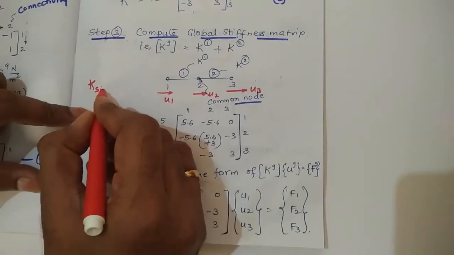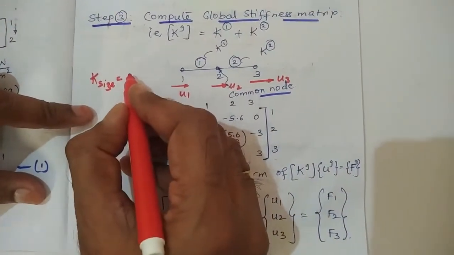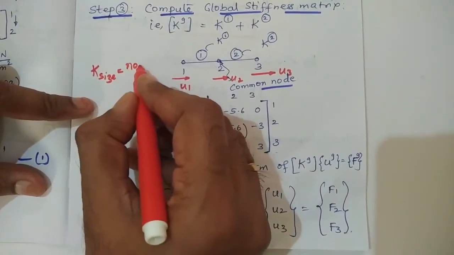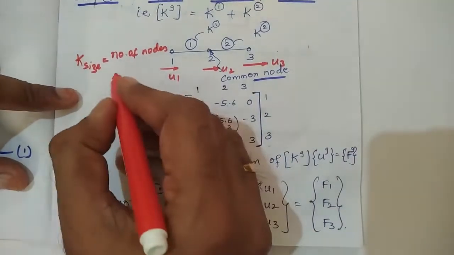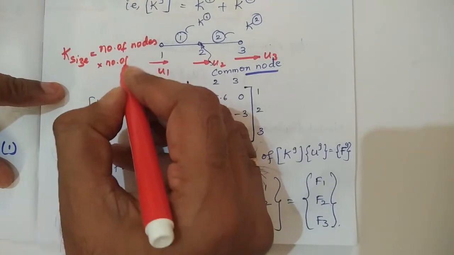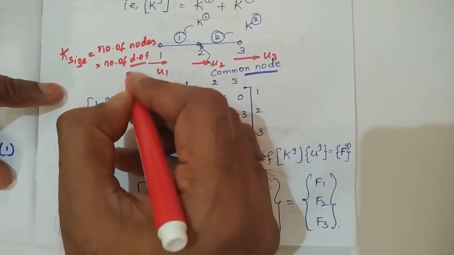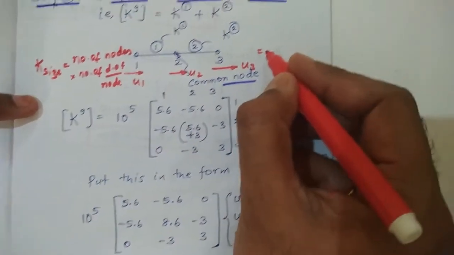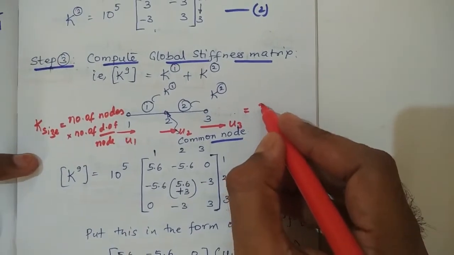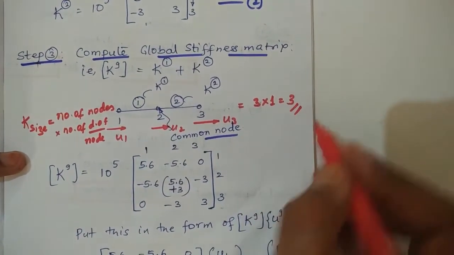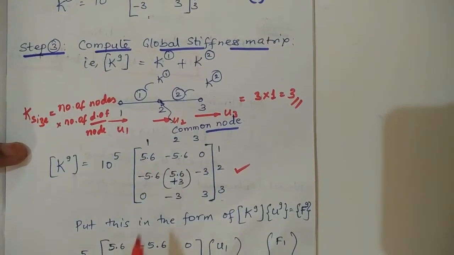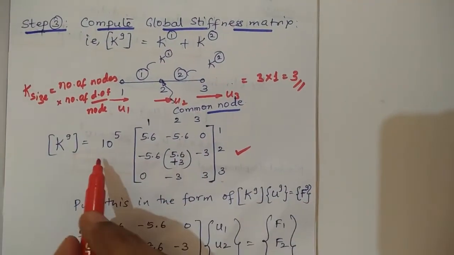So generally the K size will be number of nodes times number of degrees of freedom per node. Number of nodes is 3, degrees of freedom per node is 1. So I'll get a 3 cross 3 matrix, and I have to write this 3 cross 3 matrix.